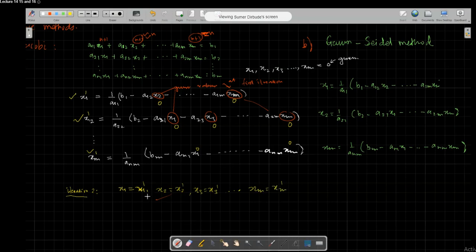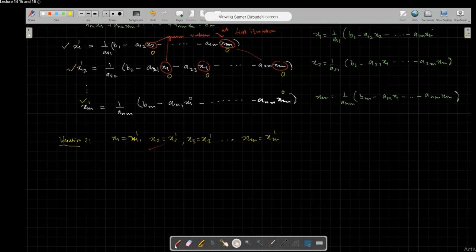Now with these you calculate another set, x1^2, which will be equal to 1 over a11 times b1 minus a12 x2^1 minus up to a1n xn^1.